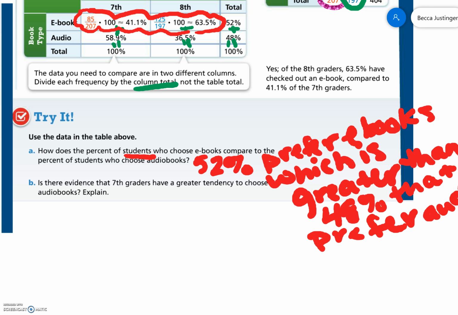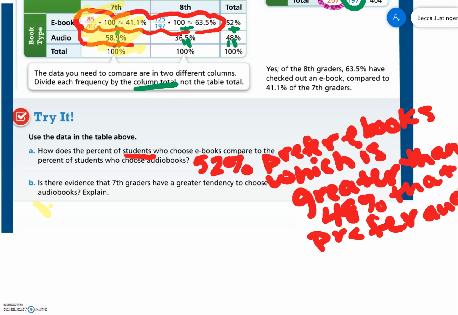Is there evidence that 7th graders have a greater tendency to choose audiobooks? Explain. Pause the video, participate. Okay, so is there evidence? So 7th graders have a greater tendency to choose audiobooks. So we're going to look at the 7th graders, and it says in the 7th grade column, 58.9% choose audio and 41.1% choose ebooks.